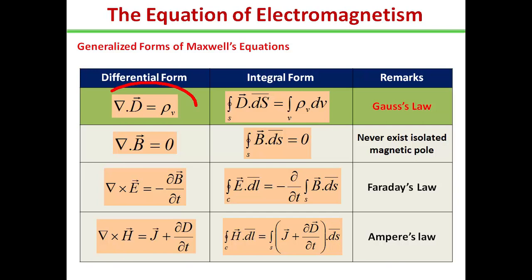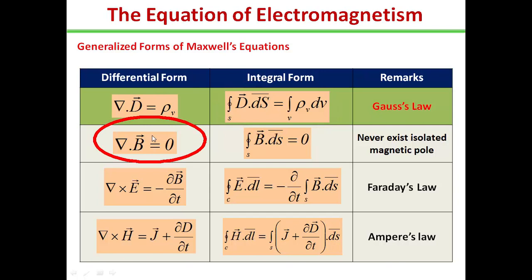So here you can see the first law of Maxwell's equations is Gauss law of electrostatics, where in the differential form it is written as del dot D is equal to rho v, and in the integral form, closed surface integral D dot dS is equal to volume integral rho v dv. And in this video we will discuss more about this equation.